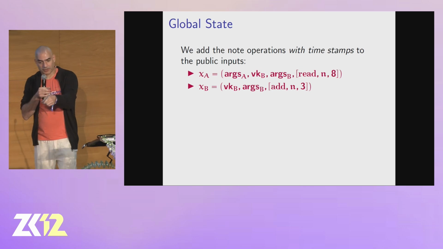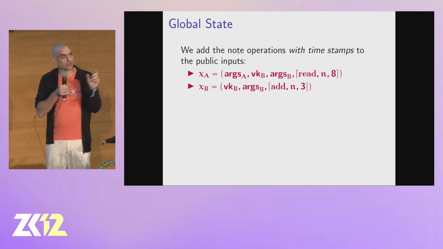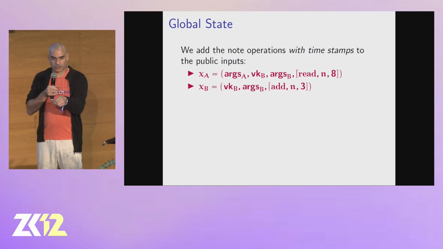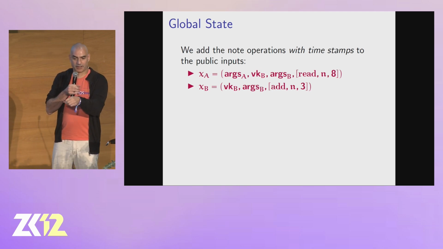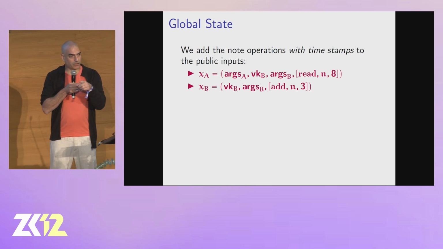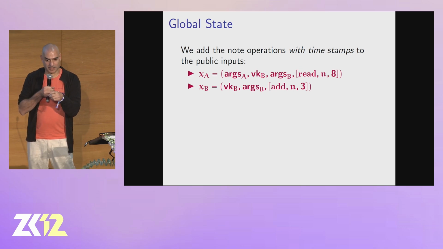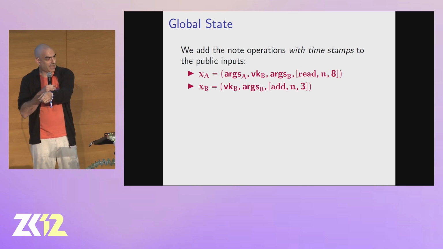These operations will have timestamps. For example, here the call to A is reading note N at timestamp 8, and the call to B is creating or adding note N at timestamp 3.